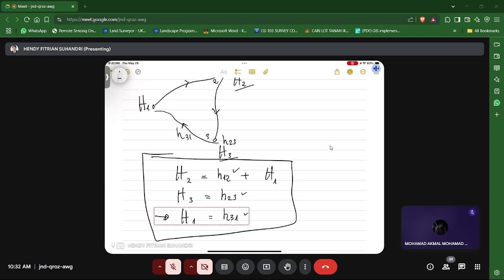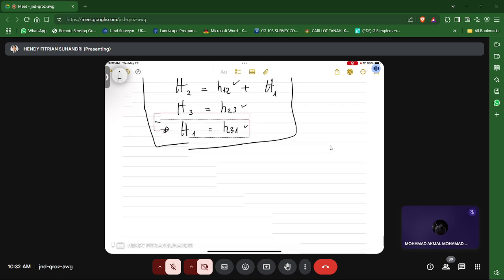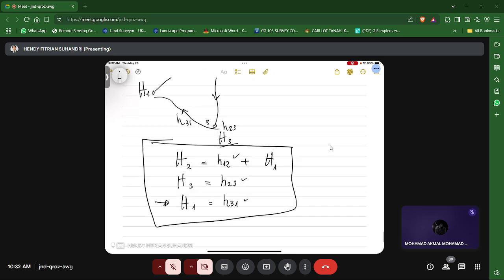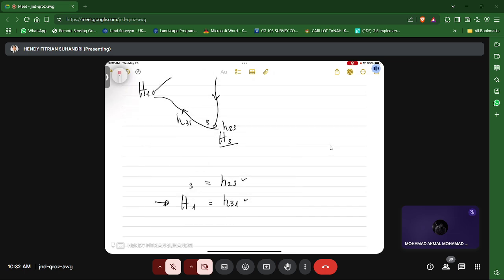These equations are not observation equations. So what would be our observation equation? For the first, how many equations do we have here? I don't want to confuse you, so let me erase everything here.